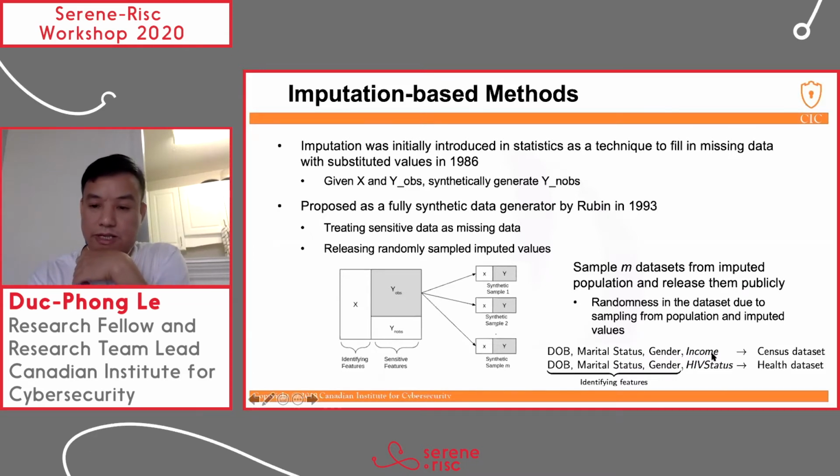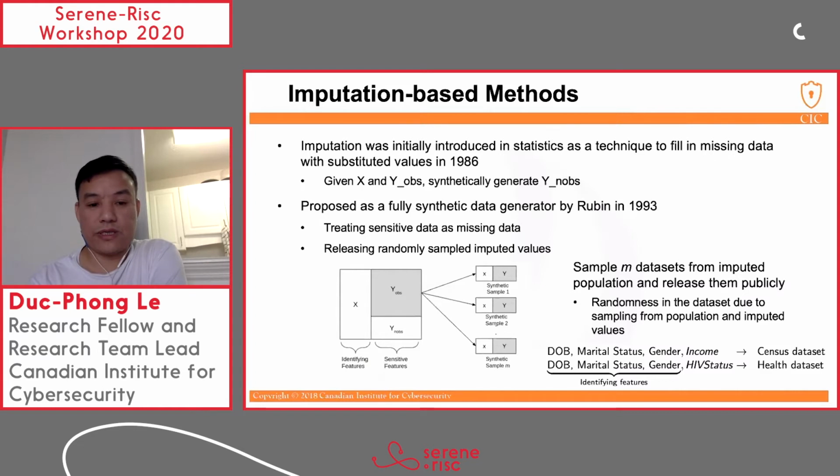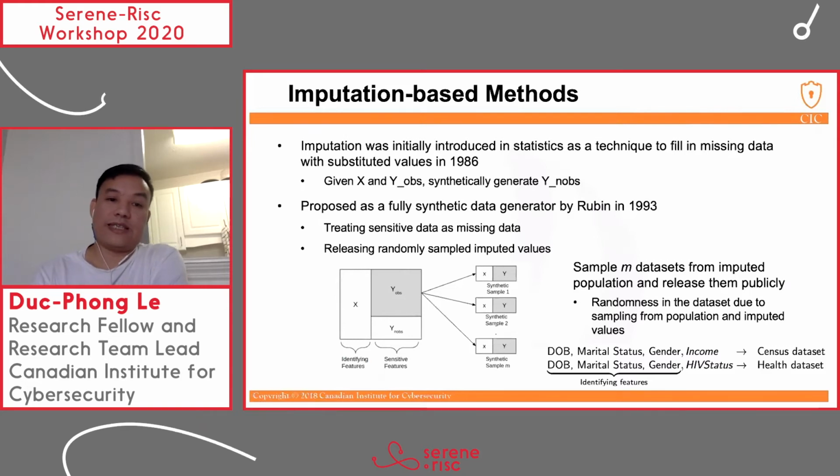For example, in a census data set, birth, marital status, and gender are identifying features, and income is a sensitive feature. So this method treats the sensitive data as missing values, then it is trained with the identifying features and a part of the sensitive values, gets a model, and then randomly releases sample imputed values.